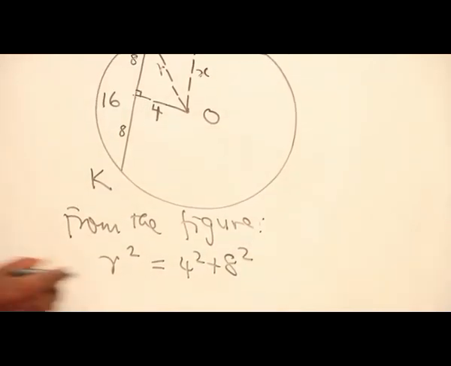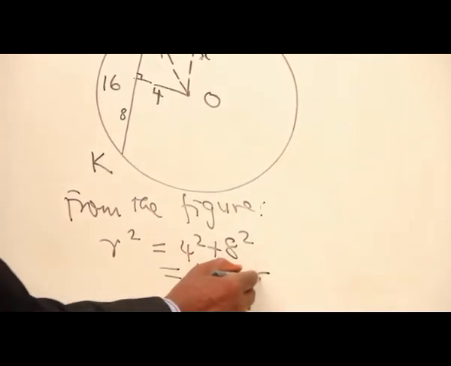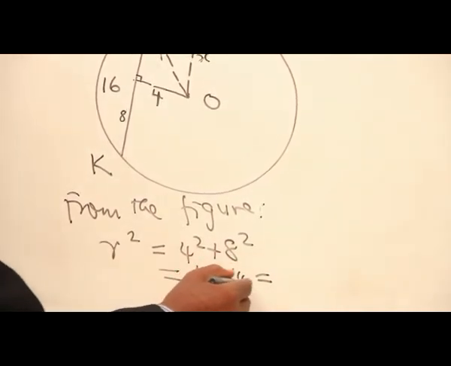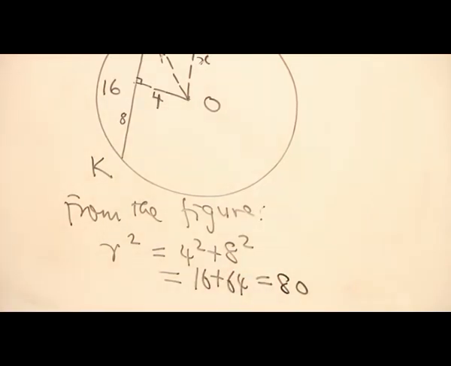Now that will translate to 16 plus 64, and that is equal to 80. So R squared is equal to 80.